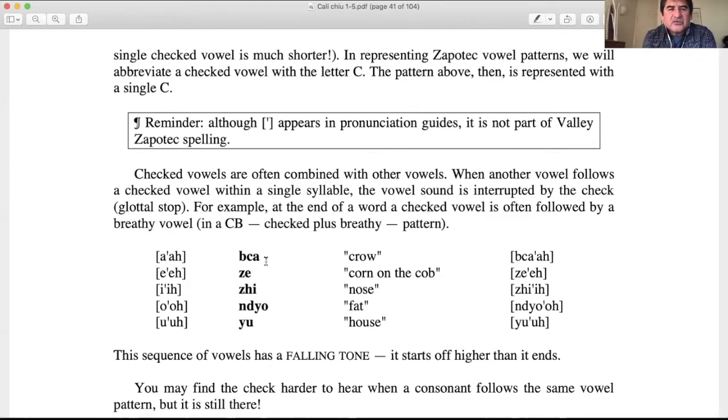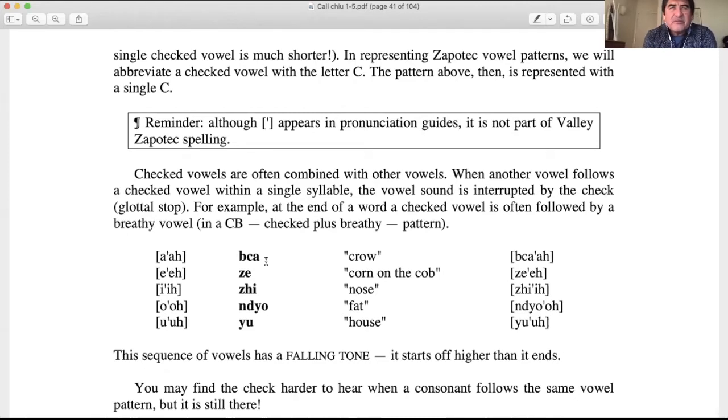Okay, let's go on to the next word. Z. So that's corn on the cob. And then nose is ji. Fat, yo. And house is the last word, you.